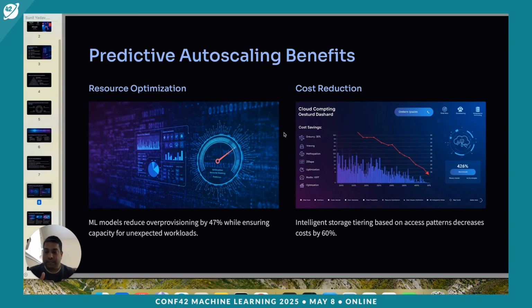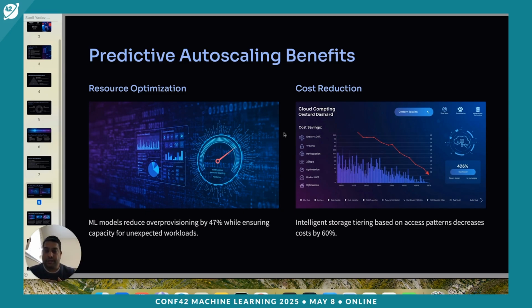We want to auto scale only when the peak load comes, which can be predicted. So by using machine learning models, we can reduce over provisioning by almost 50%, if not more, while ensuring the unexpected workloads can be catered to. So we should not always provision higher CPU, memory, compute to the server, but whenever the prediction is there, then it should be there. Otherwise, it should scale down.